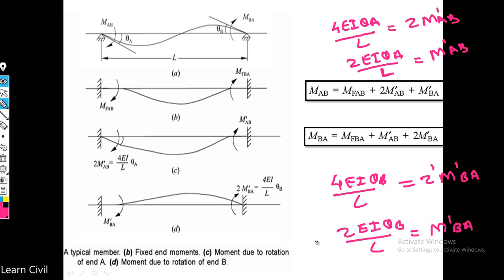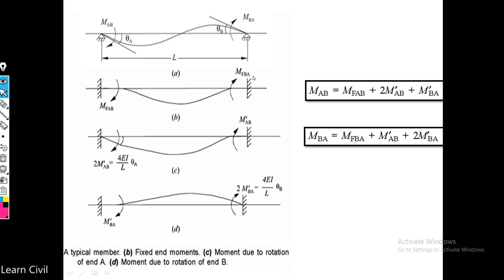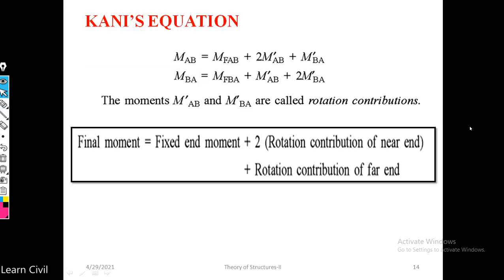Only this much difference is there for calculation of the final end moment by using Kani's method. We'll see one by one what the differences are between Kani's method and the slope deflection method.